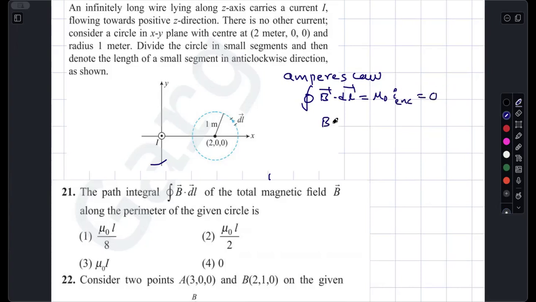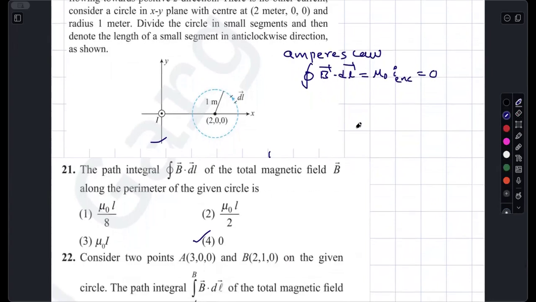So therefore, B is 0. No, not B is 0. Integral B bar dot dL bar is 0. B may not be 0 at any point. Till this point, any doubt?